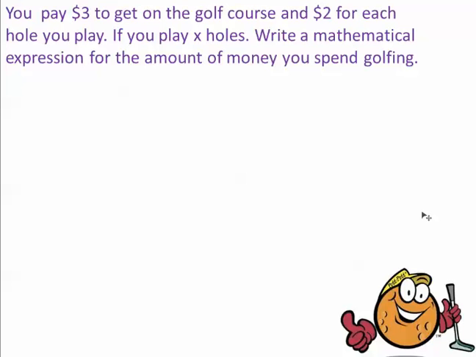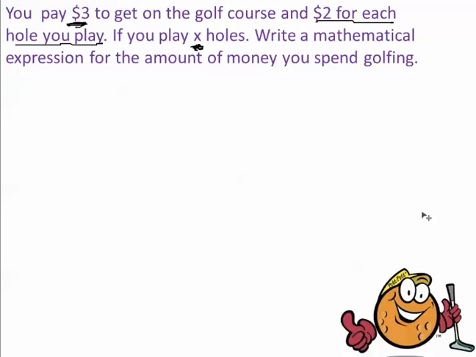You're going to pay $3 to get into the golf course. And then you're going to pay $2 for each hole that you play. If we play X holes, so we really don't know, just some number of holes that we're going to play, we want to write a mathematical expression for the amount of money you spend golfing.